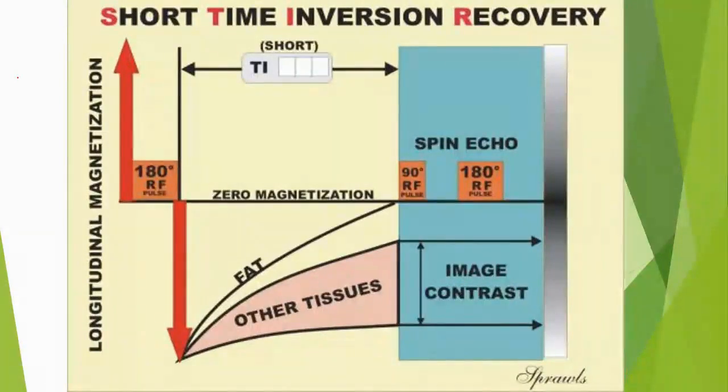Instead of giving 90 degrees, you give 180 degrees. This 180 degrees flips the Mz from the positive direction to the negative direction. It's nice because it maintains the same magnitude, meaning it is strong, but in the negative direction.